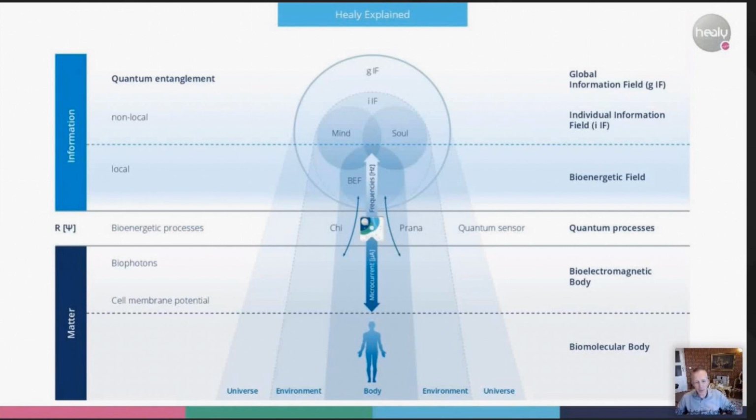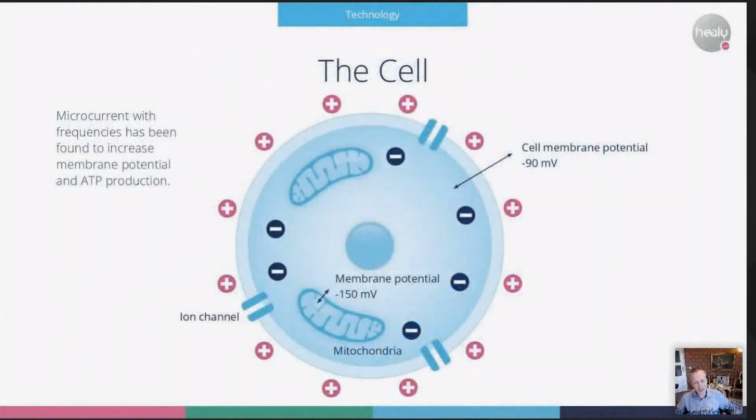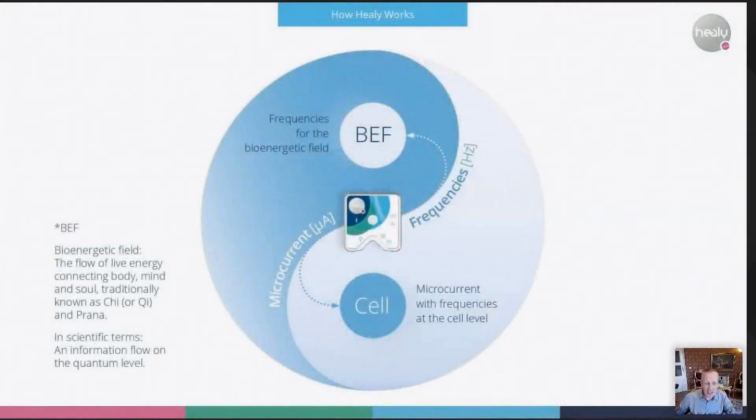So I want to show you, oh, I can move myself in this direction. Look at this simple picture. It's a simplified version of the diagram which we just looked at. We still have the Healy in the center, and from the Healy we have microcurrent frequencies going in two directions.